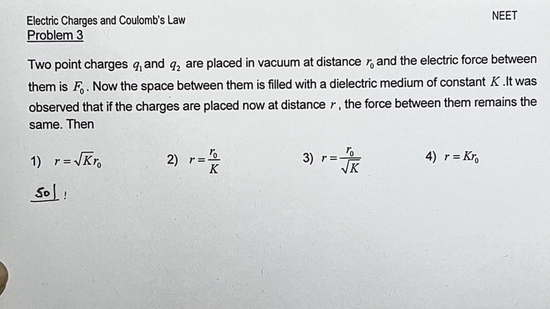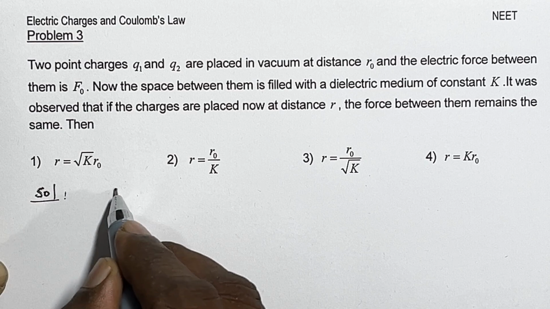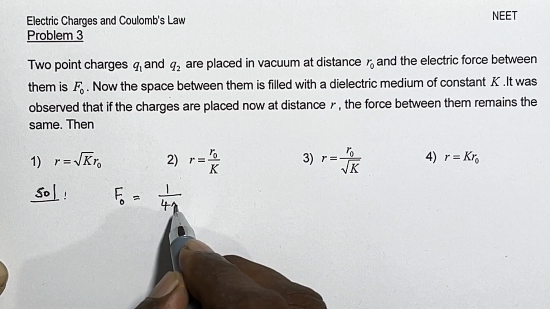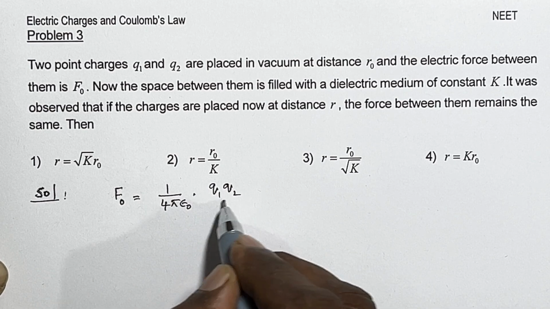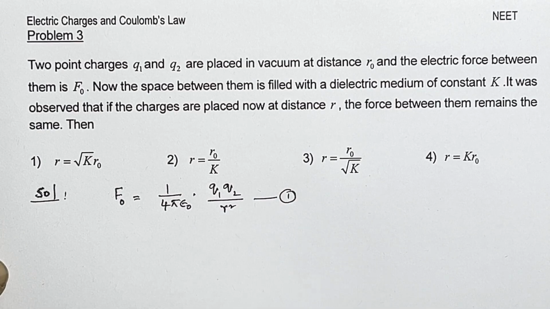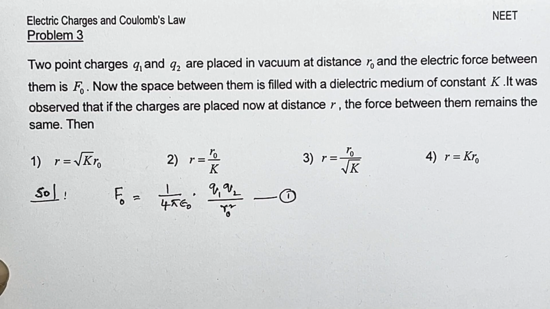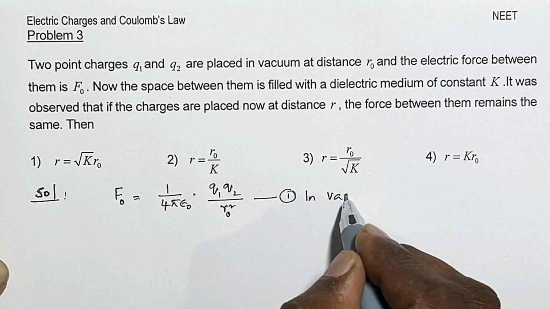So what is given? Q1, Q2 charges are in vacuum. Then F0. So the F0 formula is equal to 1 by 4 pi epsilon naught Q1 Q2 by R0 square. Equation 1. So this is R0 they are telling, when it is in vacuum.